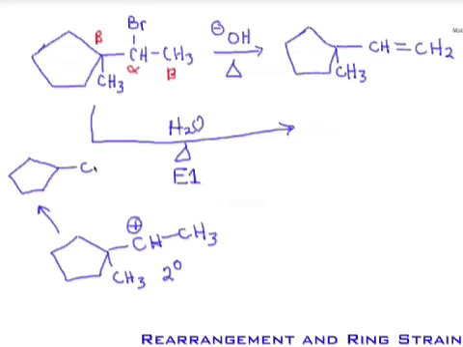If I shift the methyl, I get a methyl here, I get a methyl here, and I get the plus there. That carbon right here with the positive charge has 3 carbons attached to it. It is tertiary. Is tertiary more stable than secondary? Indeed it is. But it's not the most stable carbocation I can make.